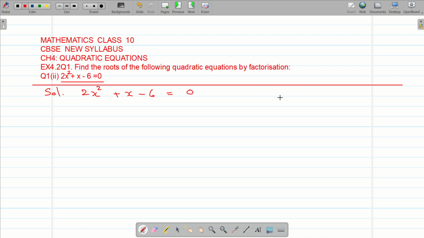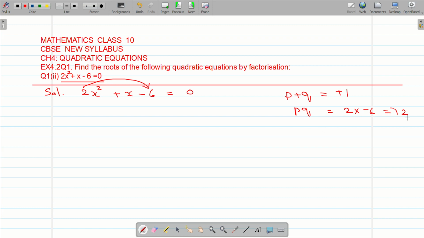Here we have to find two numbers or two factors. The sum is equal to plus 1, the coefficient of x, and the product is equal to 2 into minus 6. 2 multiplied by minus 6, that is equal to minus 12.